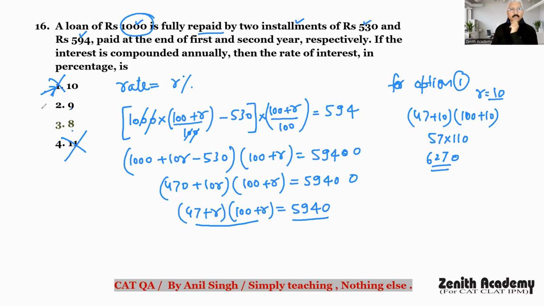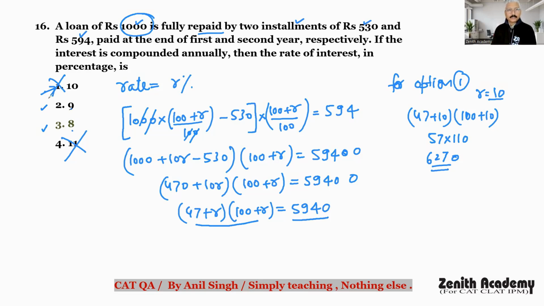Now of the options you have, only 2 and 3 remain, so you can take anyone. Suppose I take option 3, 8, because it is an even number.